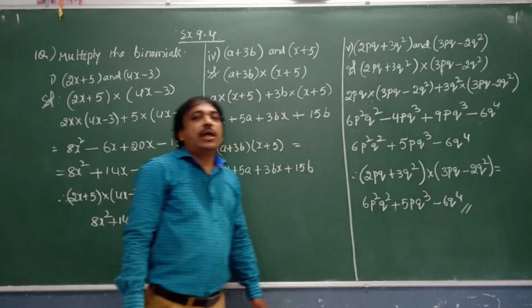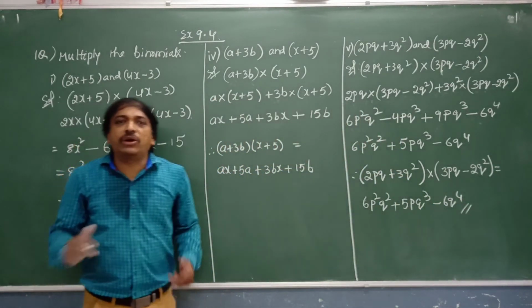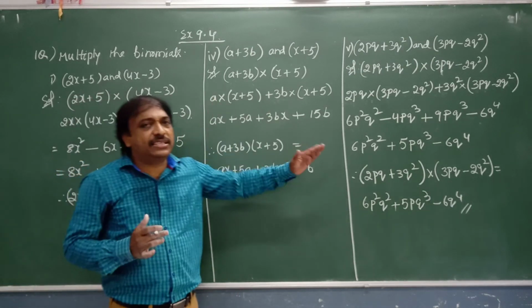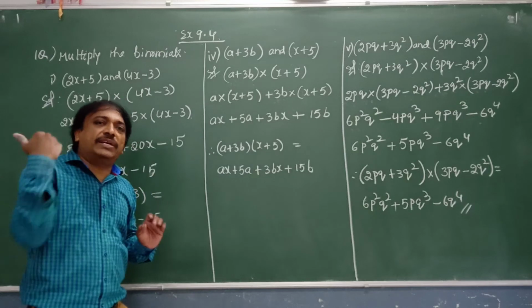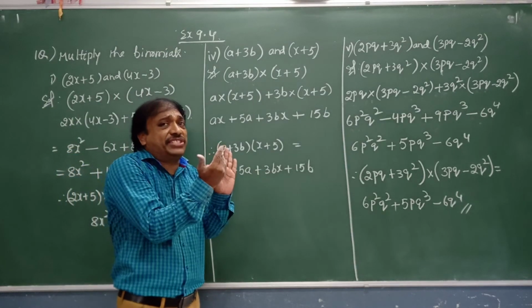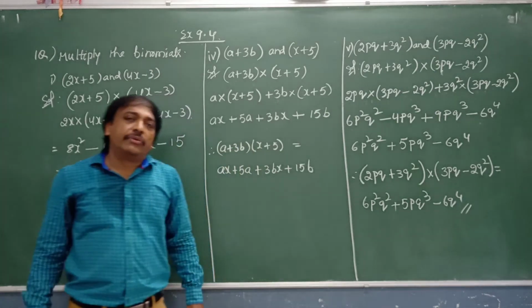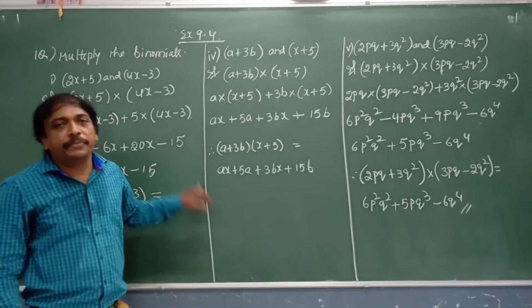Is it clear? How to multiply binomial to binomial? Do not forget the signs. While multiplying, first multiply the numerical coefficients along with the variable. Is it clear, children?